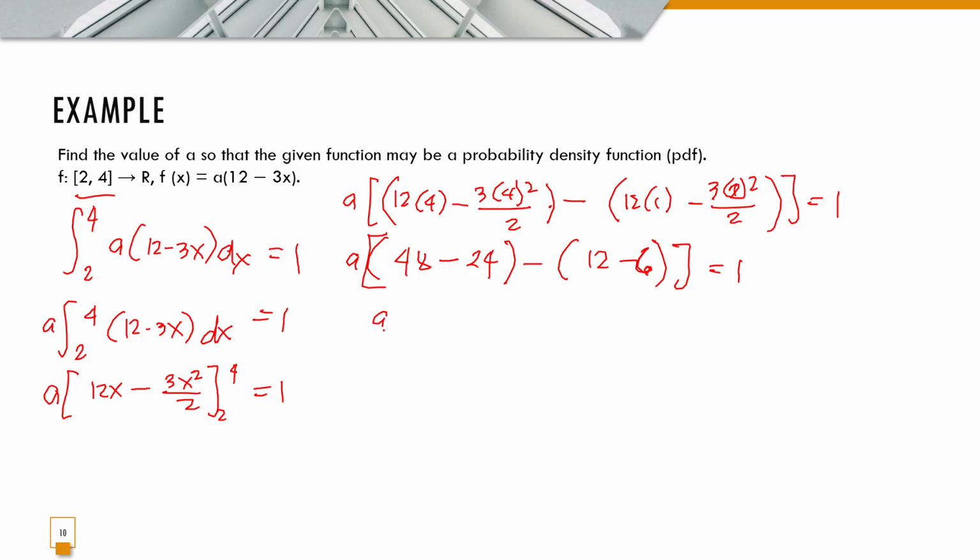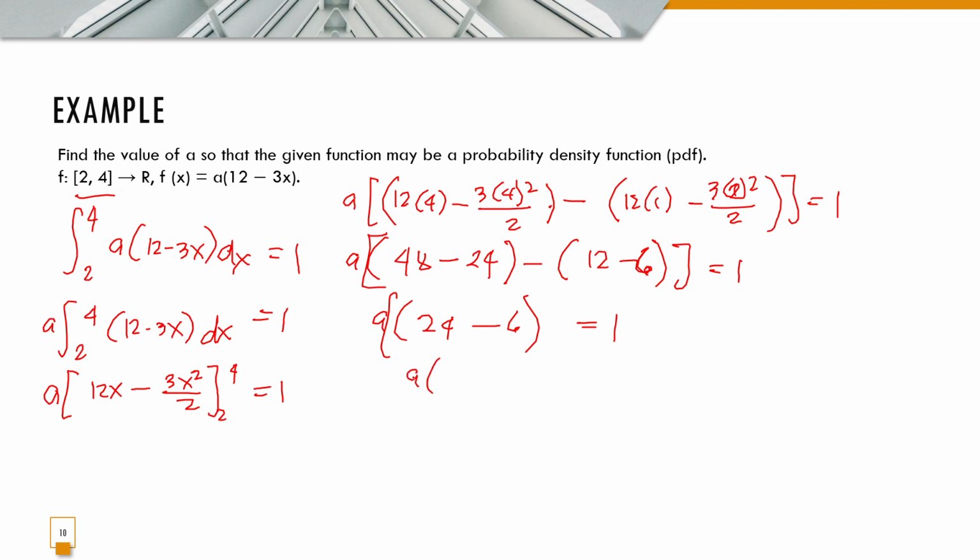This is equal to 1. So a times 48 minus 24, that is 24, minus 6, is equal to 1.